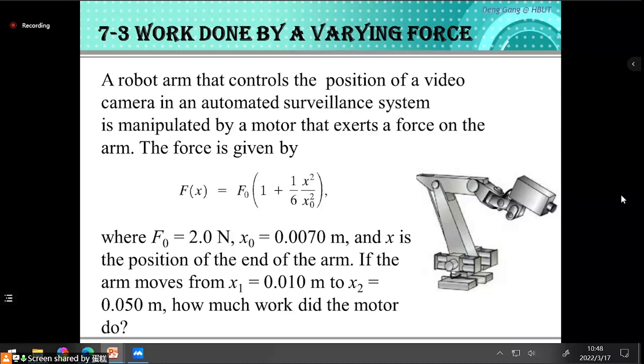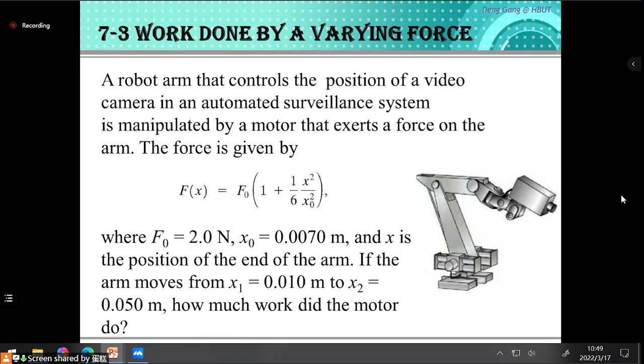So let's check this one. A robot arm controls the position of a video camera in an automated surveillance system. It's manipulated by a motor that exerts a force on the arm.